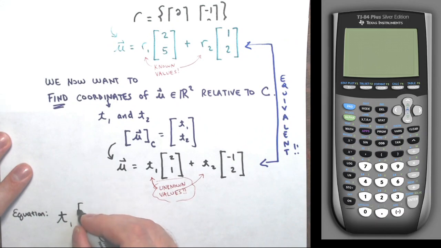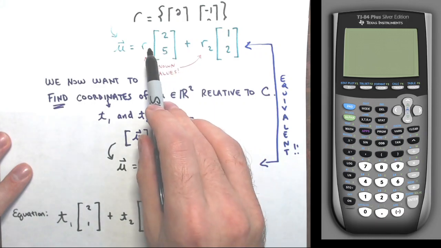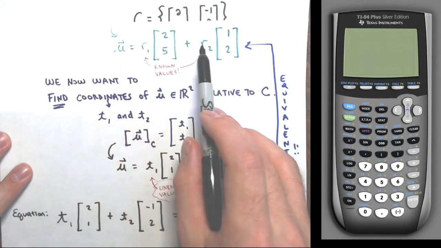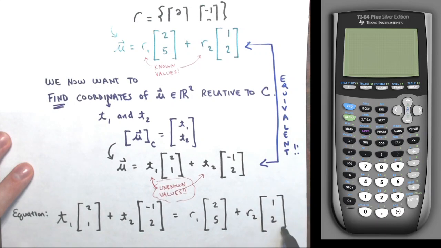So T1 times 2, 1 plus T2 times negative 1, 2 should be equal to the way you express u with the known coordinates of basis B: R1 times 2, 5 plus R2 times 1, 2.